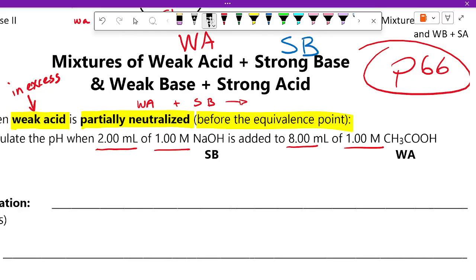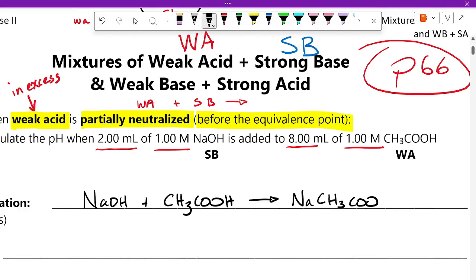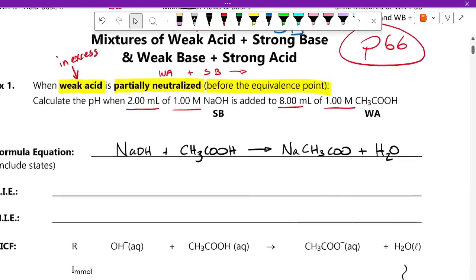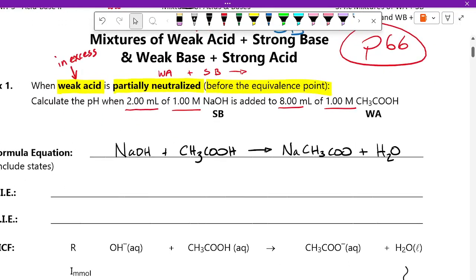Okay, our formula equation, we've got NaOH plus CH3COOH goes to, and who are our products? NaCH3COO plus water. Okay. Complete ionic equation. Can you guys write the complete ionic equation for this?